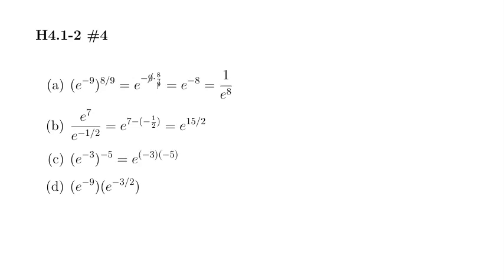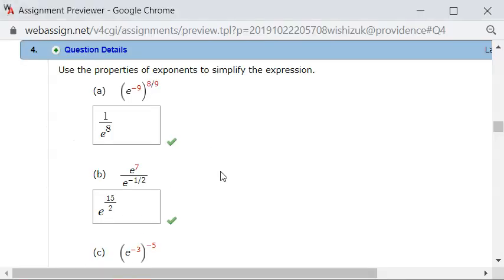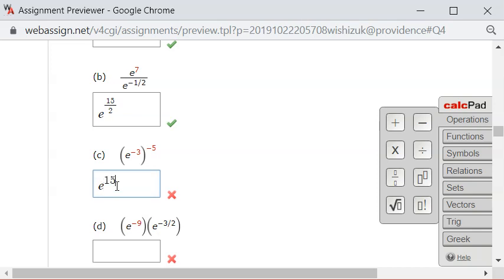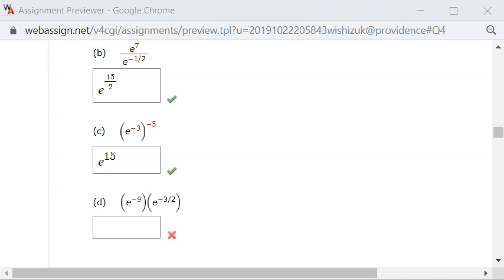Negative 3 times negative 5 is positive 15, so you're going to get e to the 15. Let's type it in. So we get e to the 15. Let's check the answer. It came back, and it looks like we got part C correct.